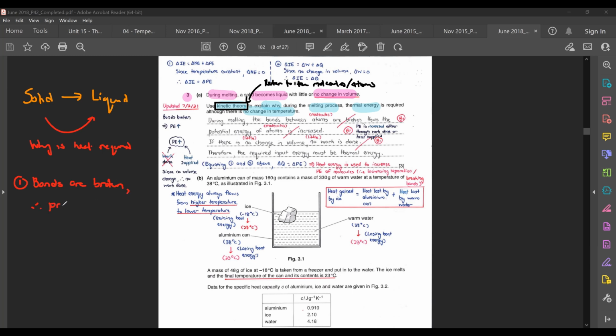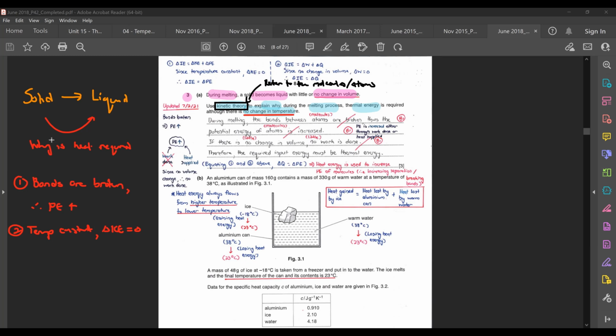Therefore, your molecular PE increases. You cannot say anything about your KE here because temperature is constant. KE change should be 0. If your solid is going to become a liquid, there's actually no change in temperature.